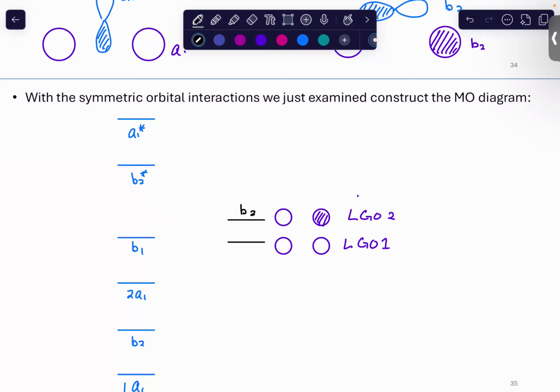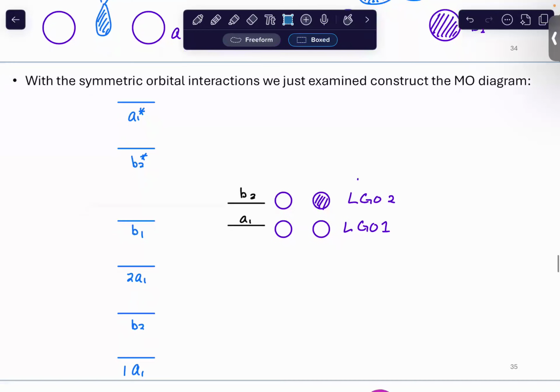B2, and then A1. And on the other side, this will get a little more complex than what you're used to. So way down here, we're going to put our 2s orbital.